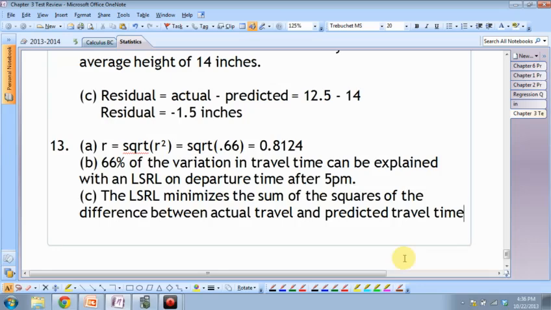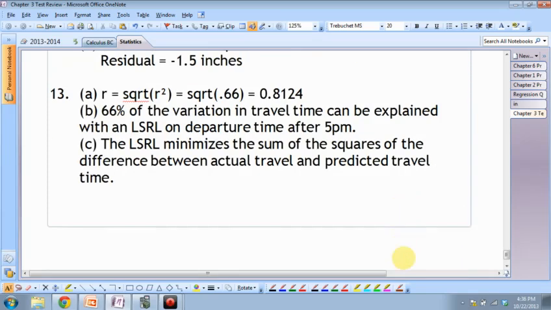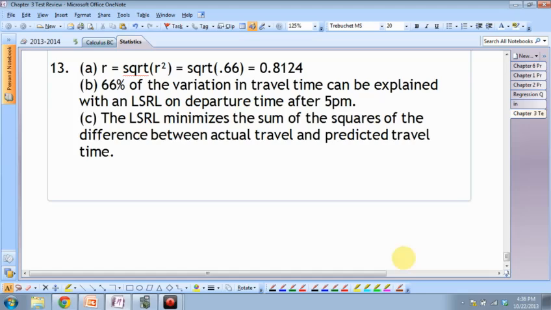Okay, so what it's going to minimize is sigma of y hat minus y, squared.